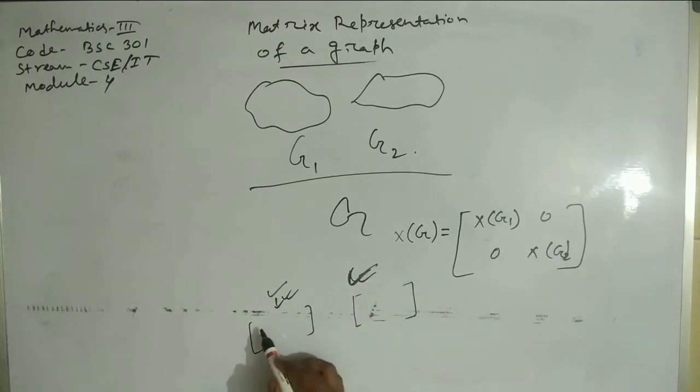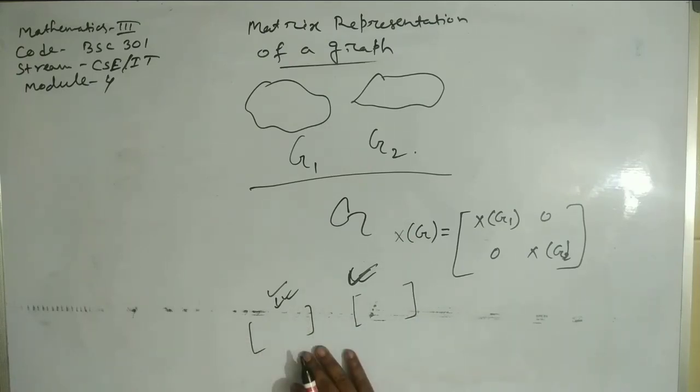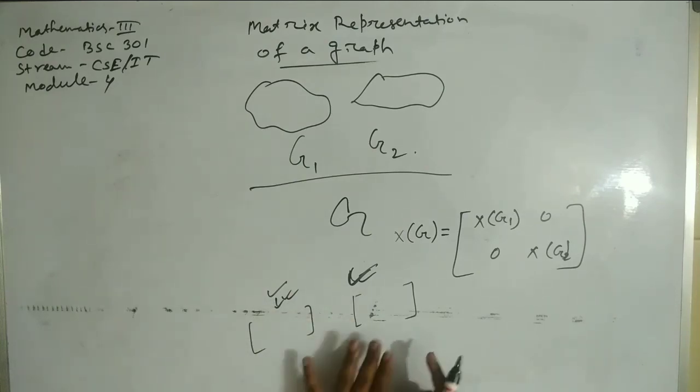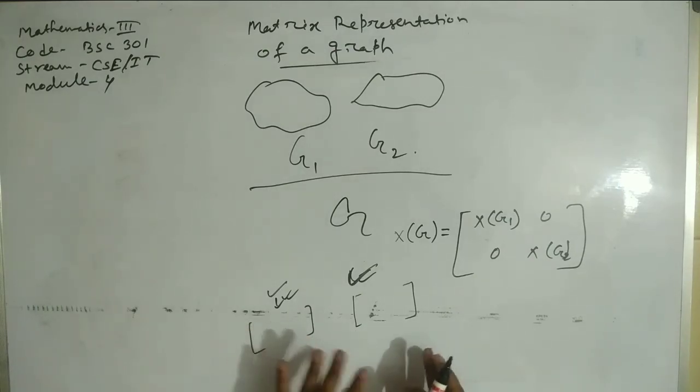Now, by doing permutation between the rows in any one of the matrices, you can bring the other matrix from the previous matrix. If this is possible, then you can say that the two graphs are isomorphic. If by doing permutation the other matrix can't be brought, then the graphs are not isomorphic.